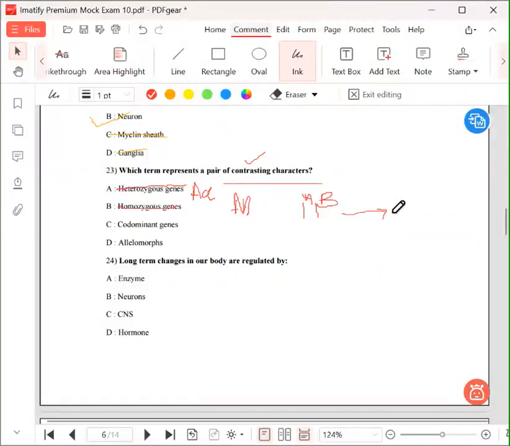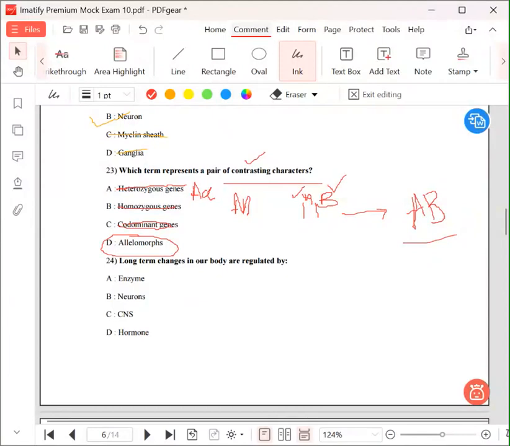For example, in the AB blood group system, if there is A gene and B allele, the blood group will be neither A nor B, but AB. So this is also not a good option. There is no contrast because both of them are showing themselves fully. Allelomorphs is the last option left, so we pick it, as I have told you that allelomorphs are the older term for genes.